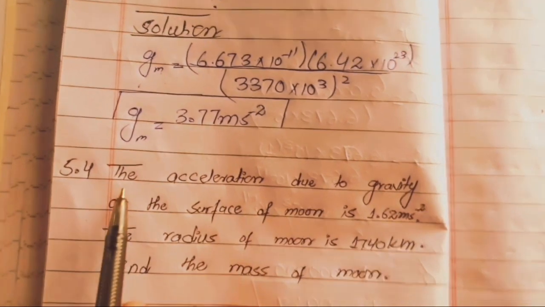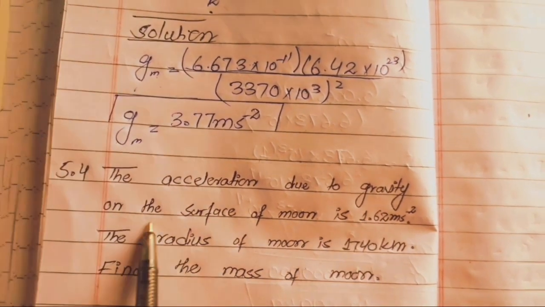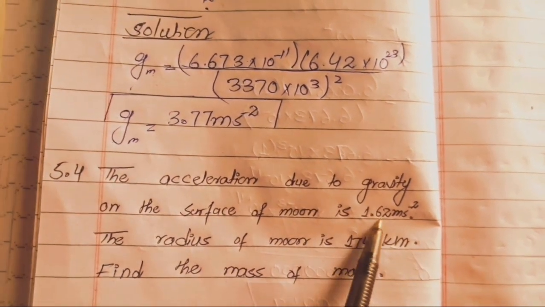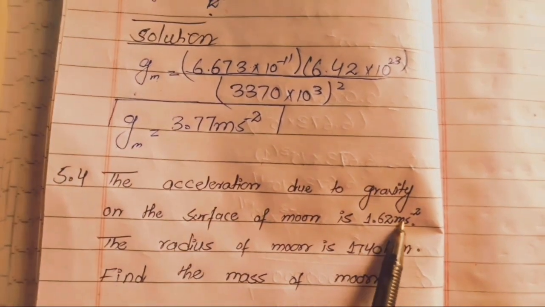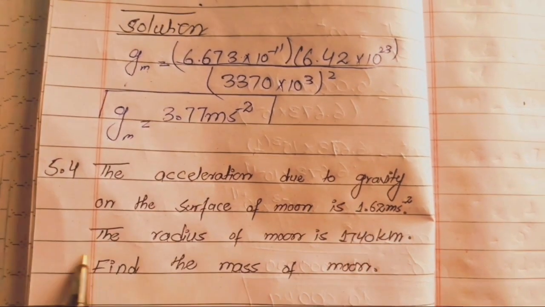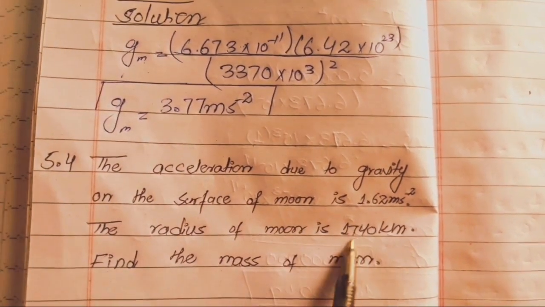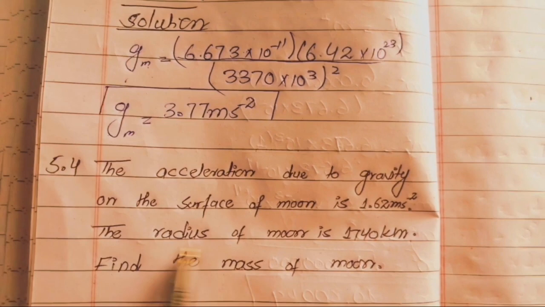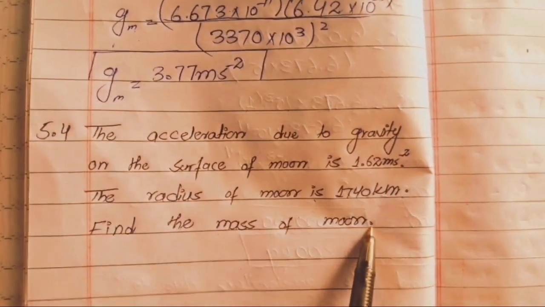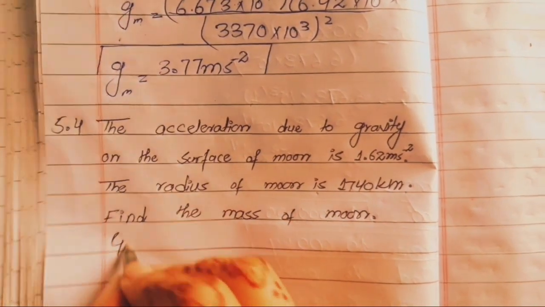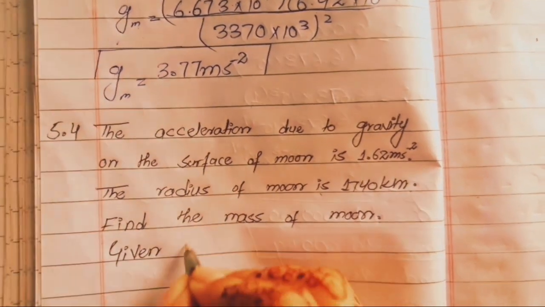Numerical 5.4. The acceleration due to gravity on the surface of the moon is 1.62 m/s squared. The value of g is given in the statement. The radius of the moon is 1740 kilometer. The radius of the moon is also given. We have to find the mass of the moon. So first of all, we write the given data.